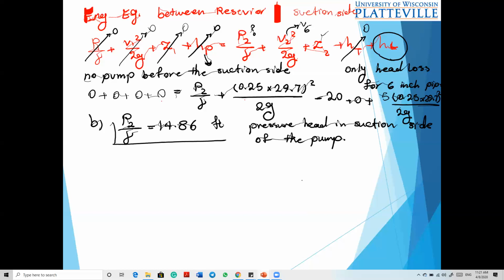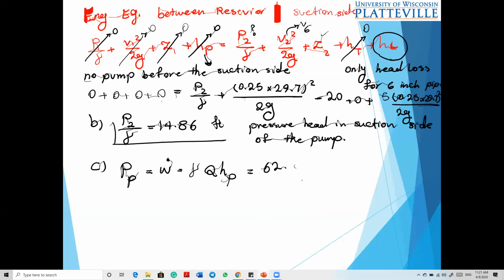Right. What is the next step? We want to know the power for the pump. So power for the pump, or in your textbook, W dot, is gamma Q head for pump. What is gamma in the British system?